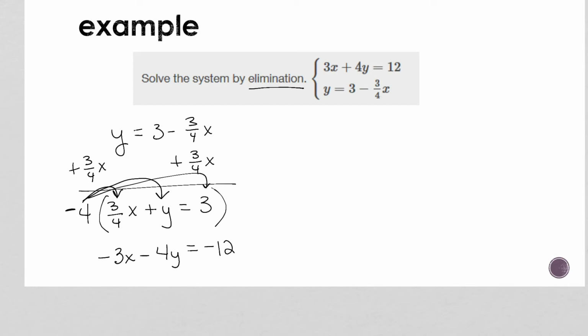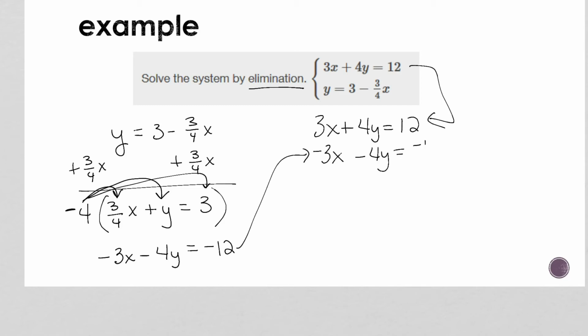Okay, so I'm rewriting this one right here. And I'm going to write this one just underneath it. Okay, but look what happens whenever I try to add these together. 3 and negative 3 create 0, right? So that goes away.